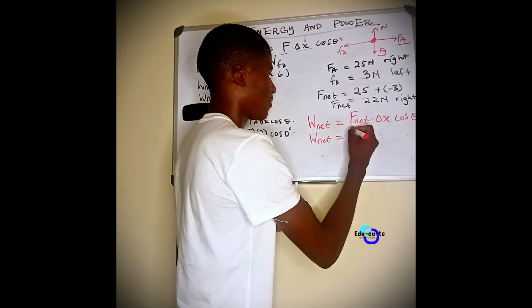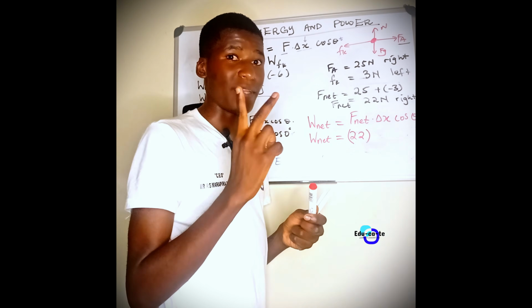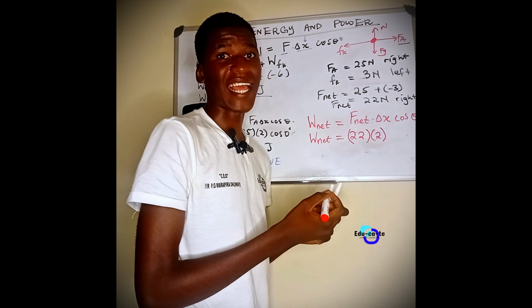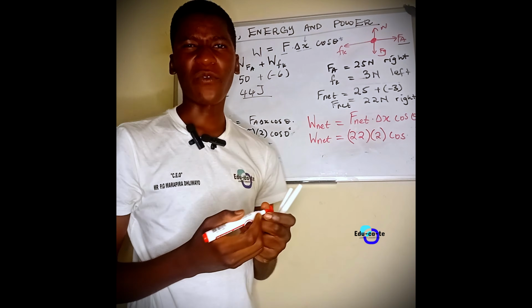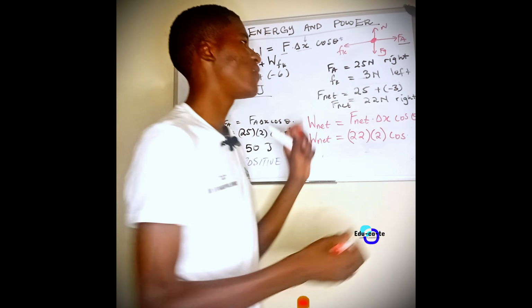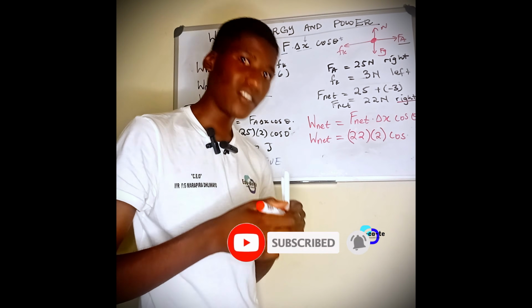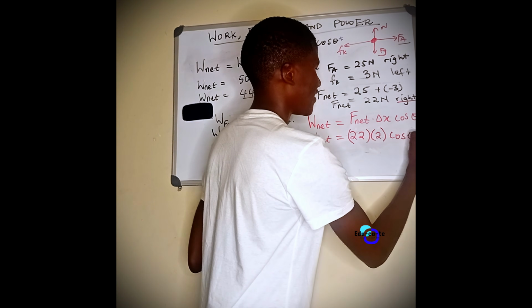Then our displacement, remember we said that the object is going to move how many? 2 meters to the right. That's its displacement. And then this is cos of which angle? Remember, the net force is going to the right and the object is also going to the right as well. So this is cos of 0 degrees.